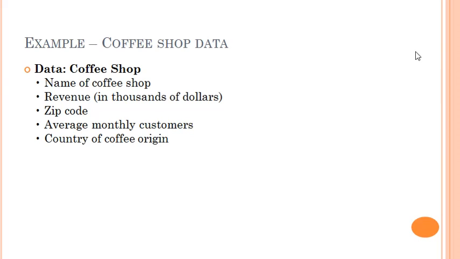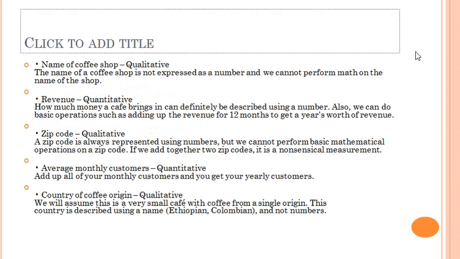There will also be a zip code associated with that coffee shop, and there will be an average monthly customers which are coming to that coffee shop, and also there will be a country of coffee origin, right? So all this information or attributes will be related to that coffee shop, and combined they make some sort of data.